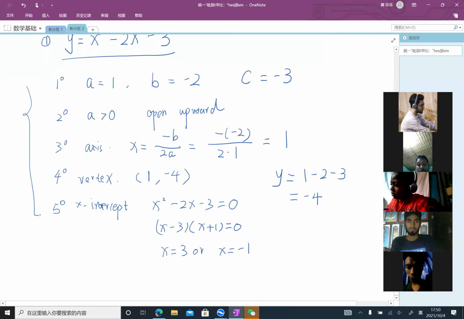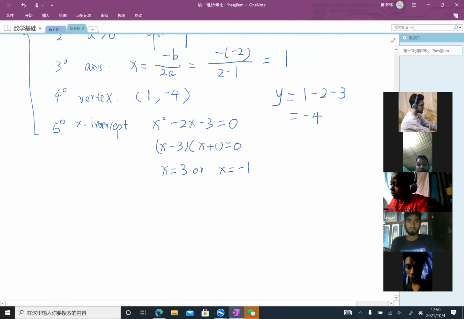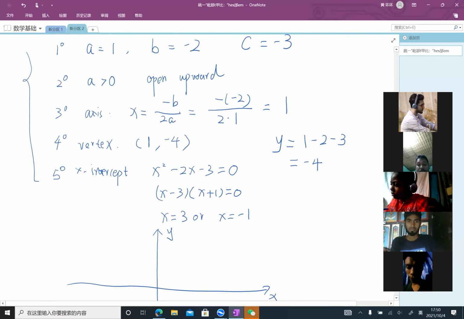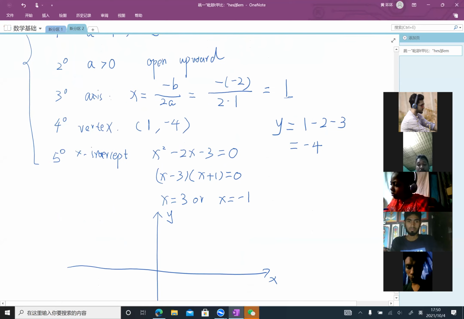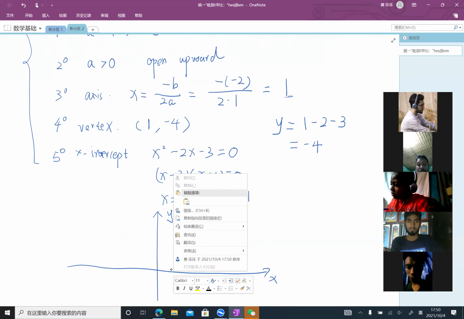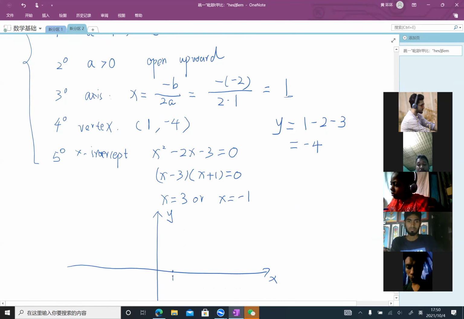Now we graph this parabola. This is the y axis, and x is equal to 1 is the axis of symmetry for the parabola.